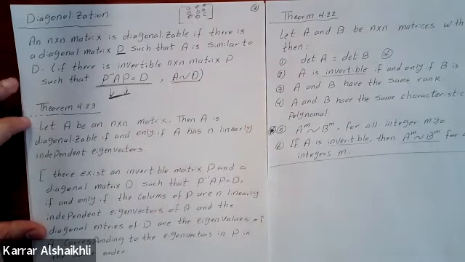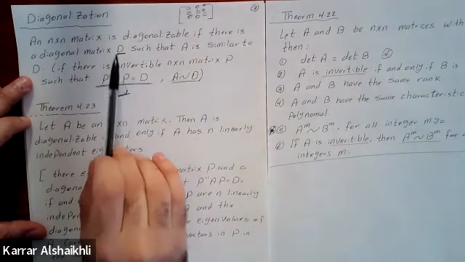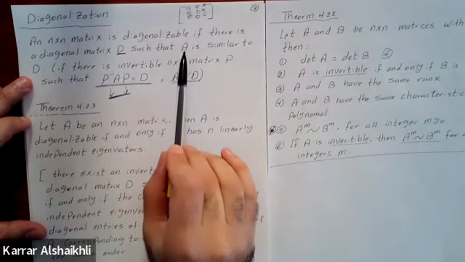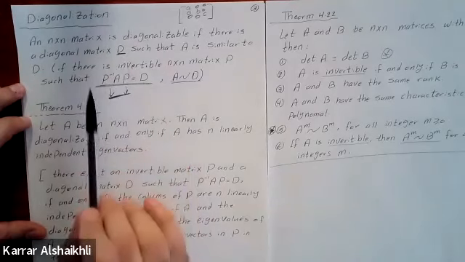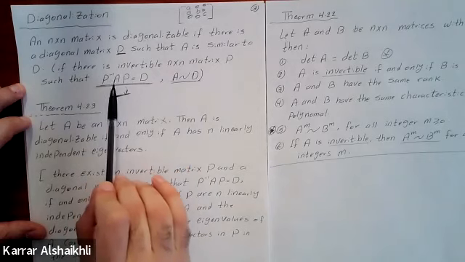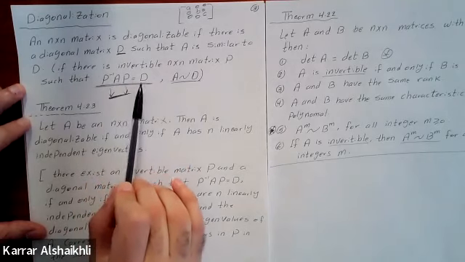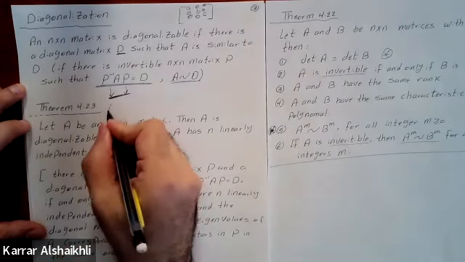And what's the meaning of diagonalizable? That means there is a matrix P such that the matrix A is similar to the matrix D. Again, we need to find a matrix P such that P inverse times A times P is equal to D.